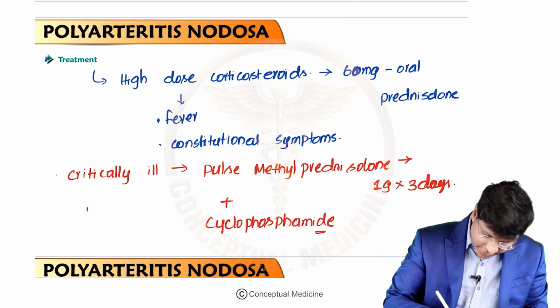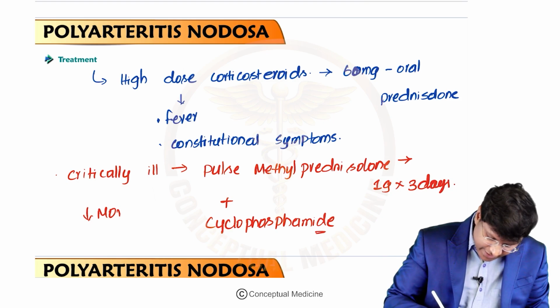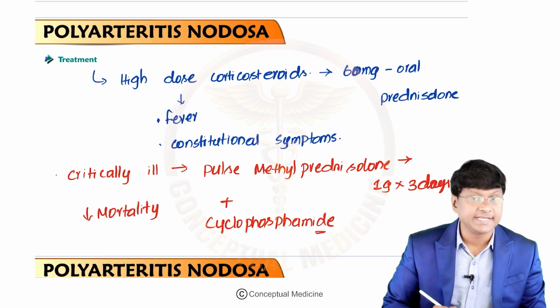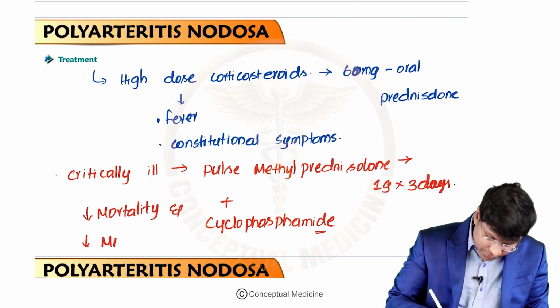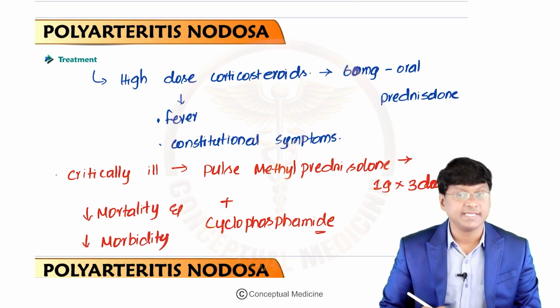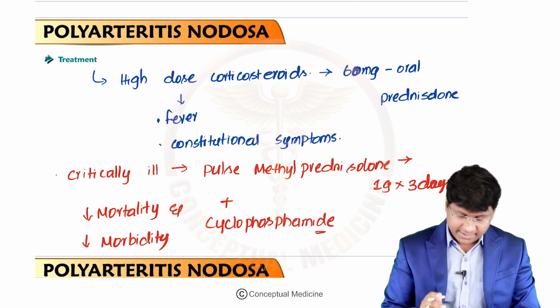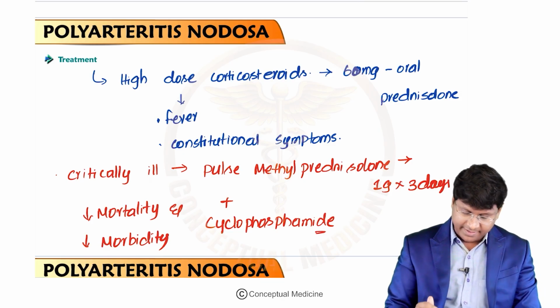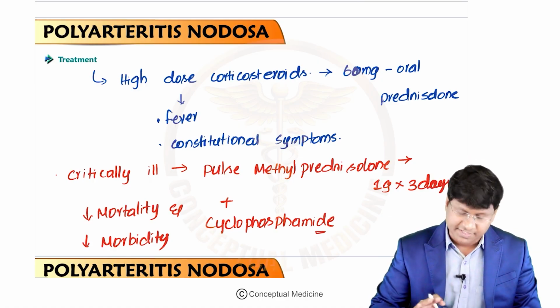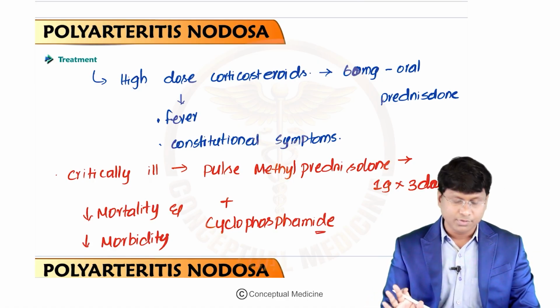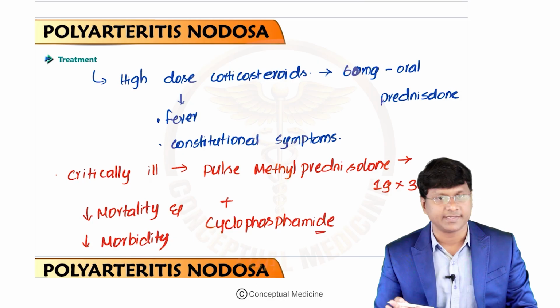So when you add cyclophosphamide, there is a decrease in the mortality, and there is also a decrease in the morbidity among patients who have severe disease. So that is about the treatment in patients with polyarteritis nodosa.